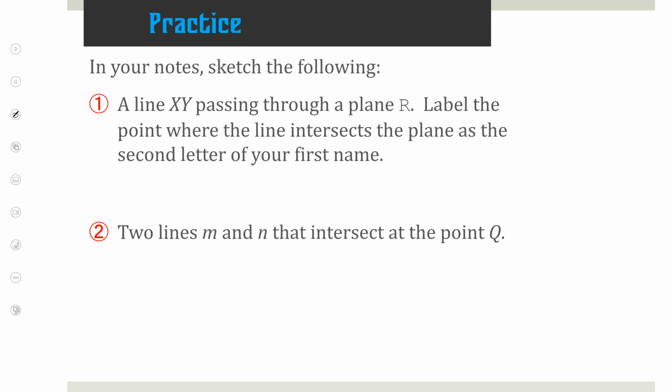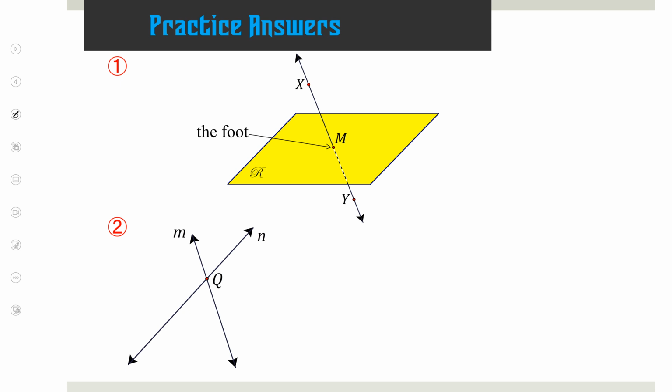So the big question with number one is, well, how do I draw a plane? You could cheat and say, well, the thing that I'm working on is a plane, so I'm just going to put a line XY on there. However, we want to doctor it up a little bit. The yellow represents the plane, and then I have that line going through there.